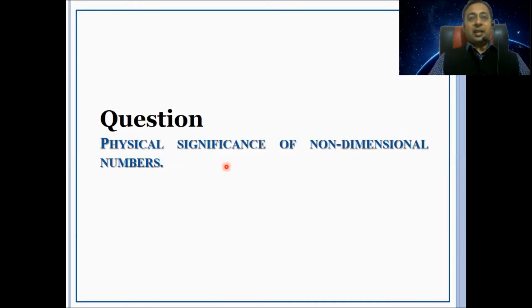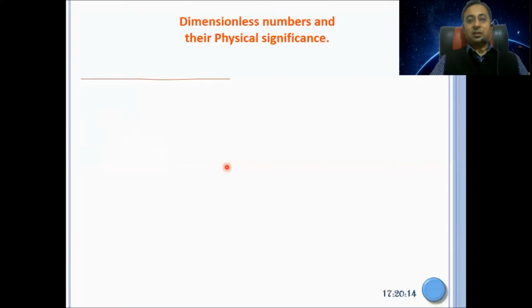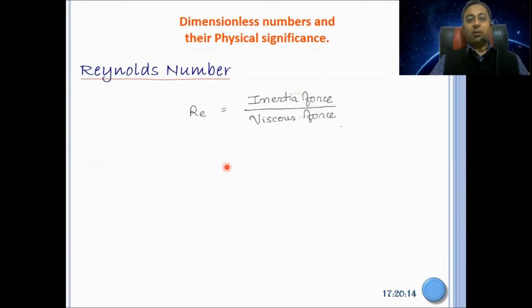So we have discussed that these numbers are used for the physical significance. So what is the physical significance? Now this one is the most important question. Discuss the physical significance of various numbers. Let's start with the first, Reynolds number. Now we know that Reynolds number is a ratio of inertia force to the viscous force.